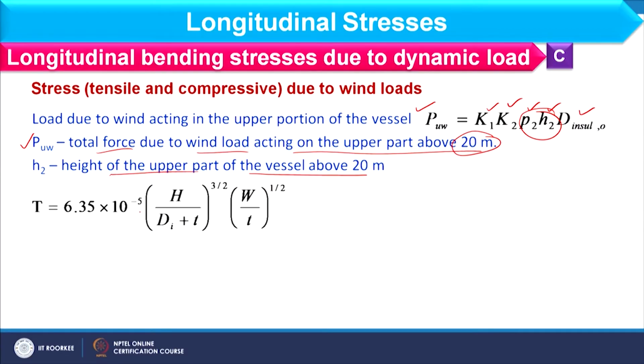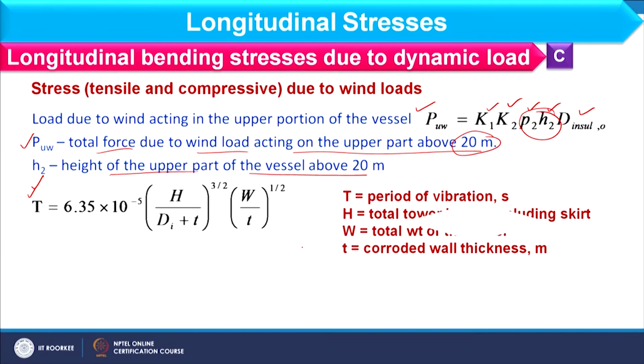Okay. And this expression I am having to find out the period of vibration, where T is the period of vibration, H is the total height, and this includes the height of the support also. Okay. And W is the total weight of the vessel, and T is the thickness of the shell of the vessel. Okay.